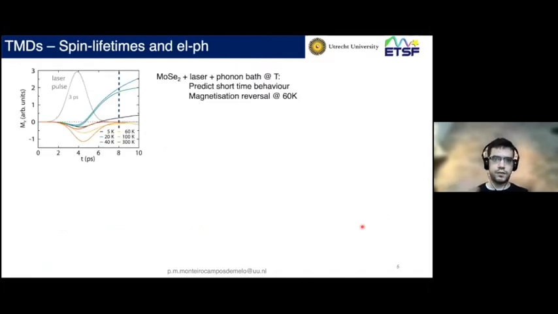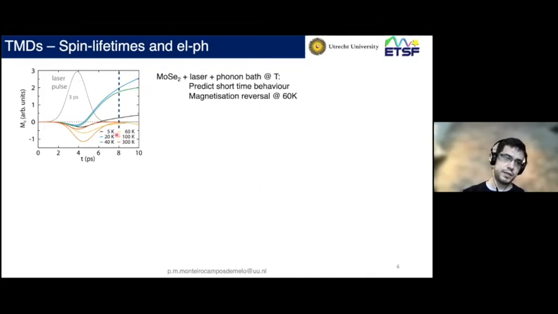So what did we observe when we did our simulations? As I mentioned before, this was for molybdenum diselenide with a laser pulse and a phonon bath at given temperatures that would match what they were doing experimentally. And we were looking at the magnetization. So here you have the magnetization at different temperatures, and in the background you have the laser pulse.